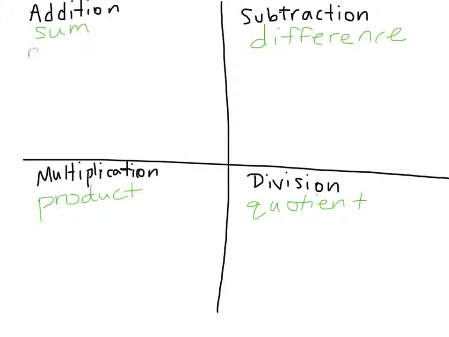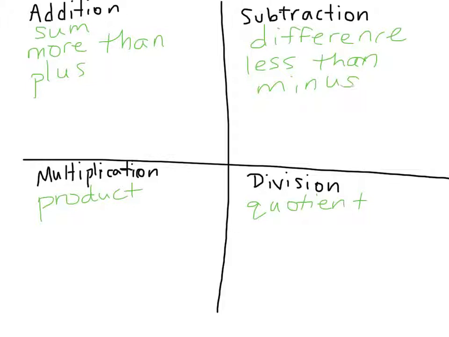We also usually use the phrase more than, and when we subtract, we use less than. Okay, we also use plus and minus, and sometimes we say increased and decreased. Okay, those are our most common words that we use.